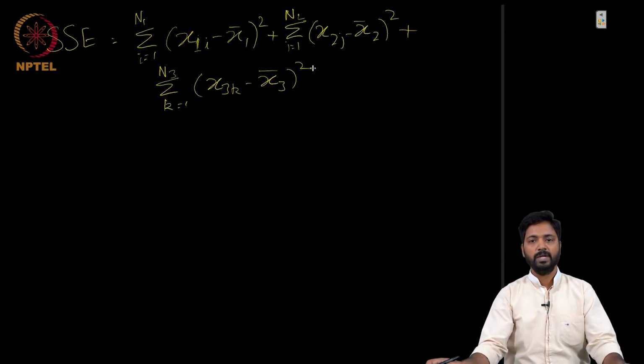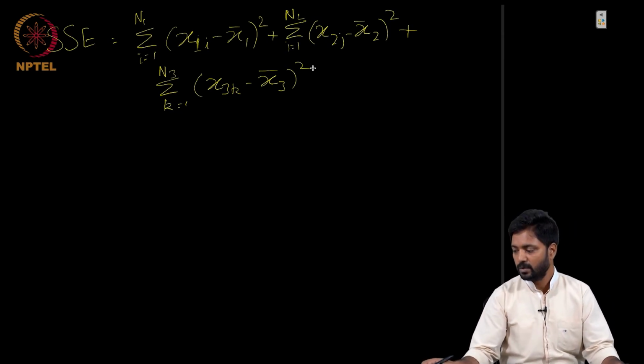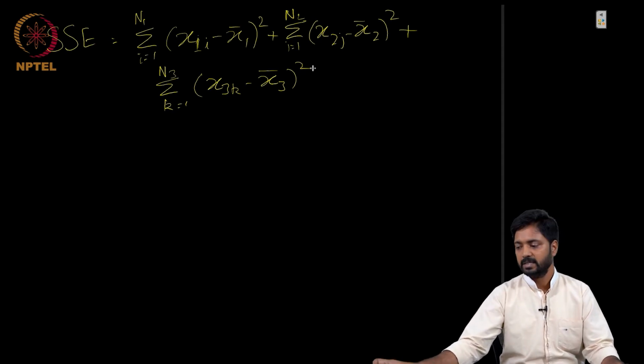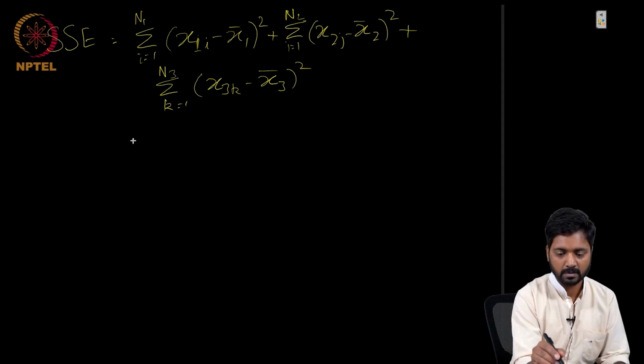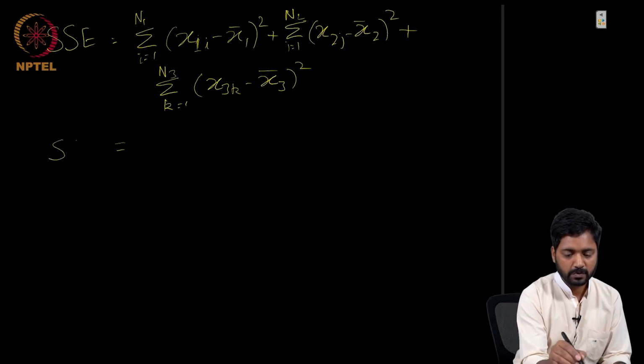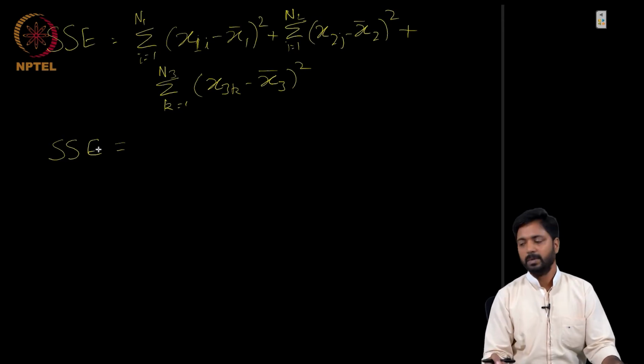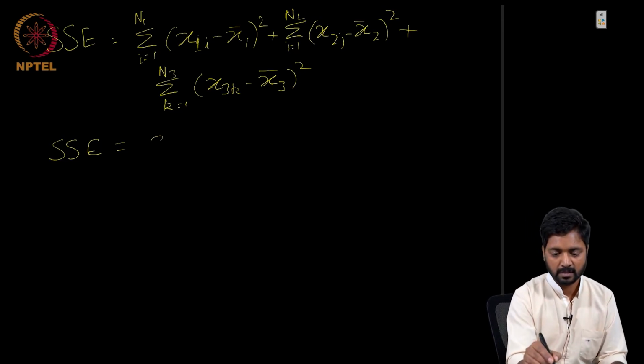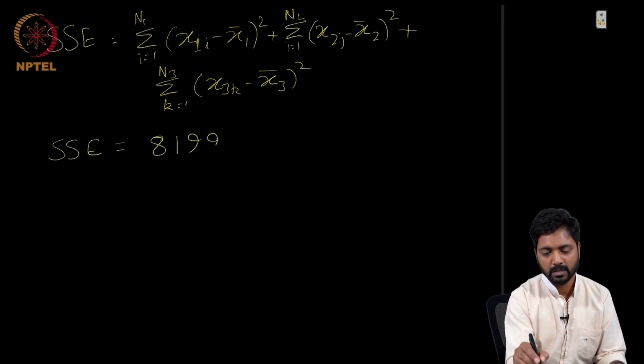And when we do this exercise, what we get is the value of sum of squares due to errors coming out as 8199.